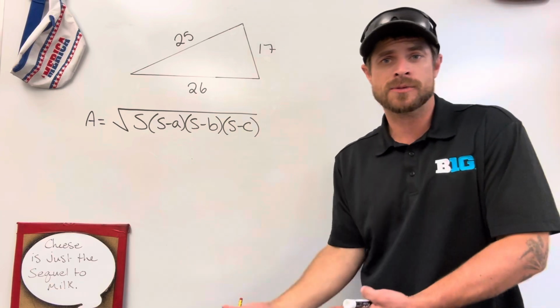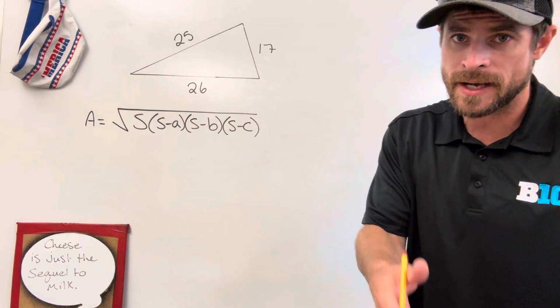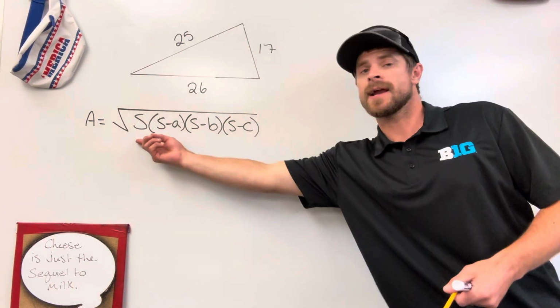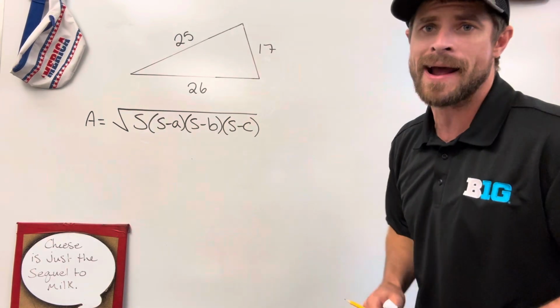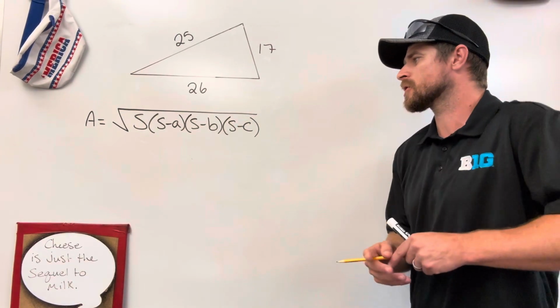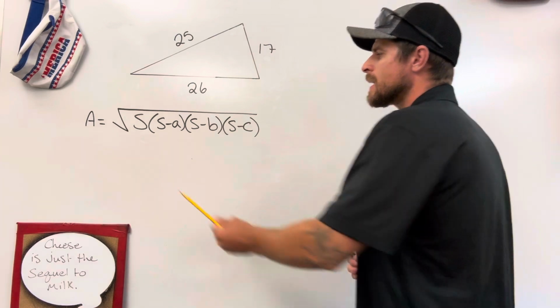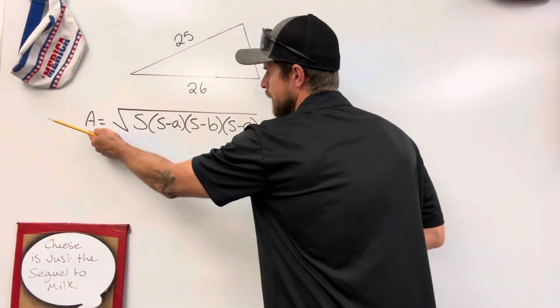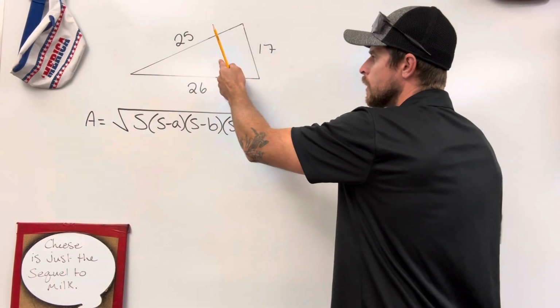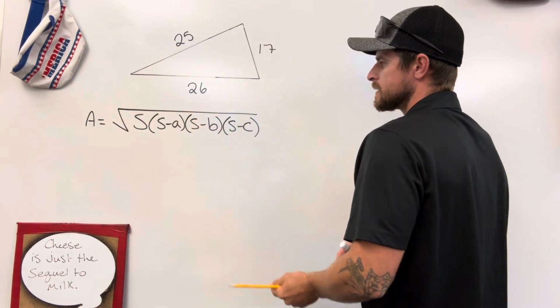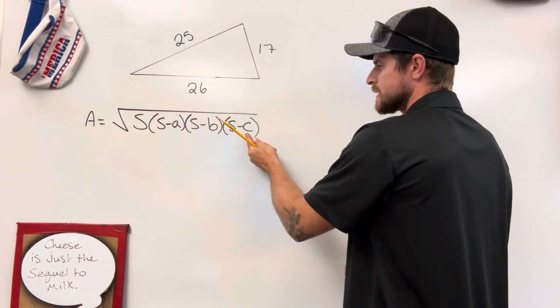So decide which base you're using, and then to determine the height, all we have to do is use Heron's formula. Hero of Alexandria, Heron the Great, whatever you want to call him. He came up with this formula for finding the area of any triangle when given all three sides. We've got an A, a B, and a C here.